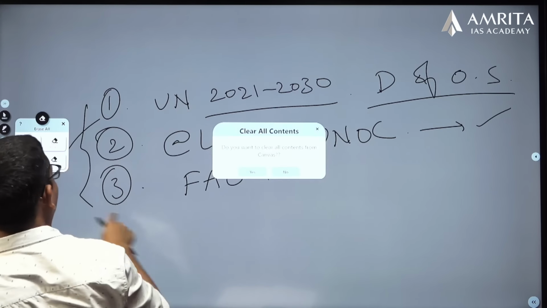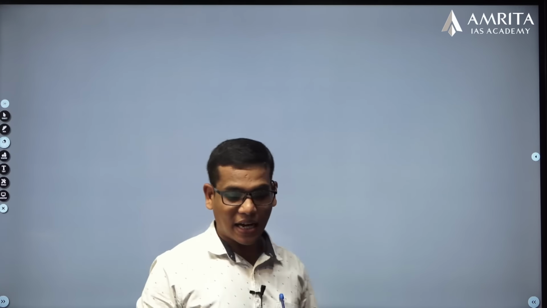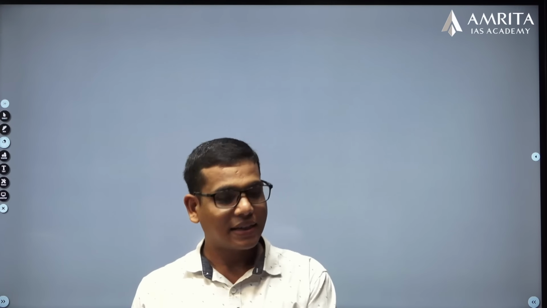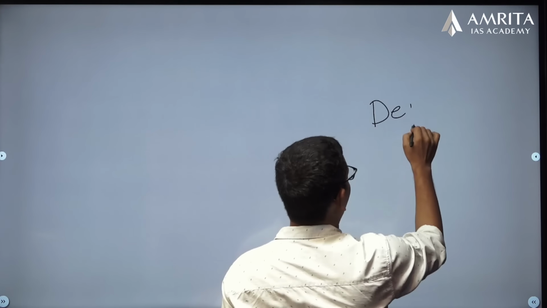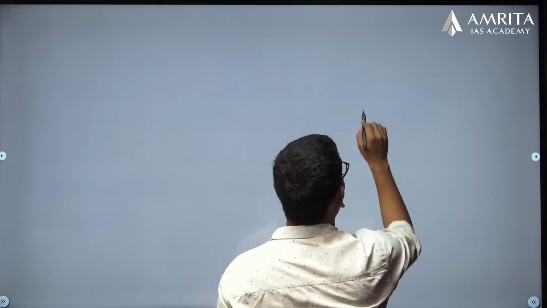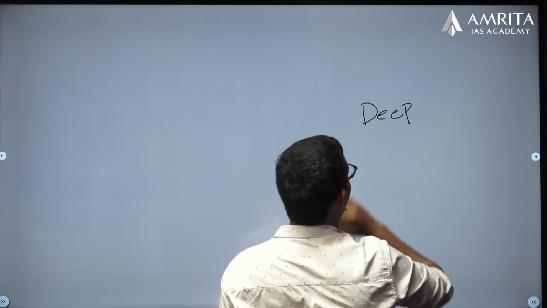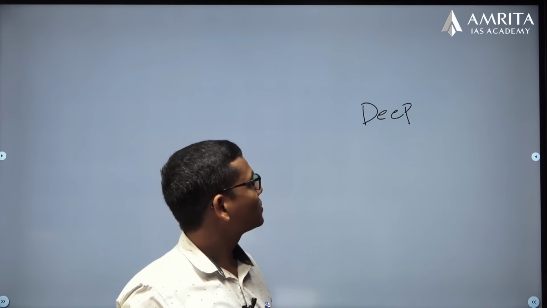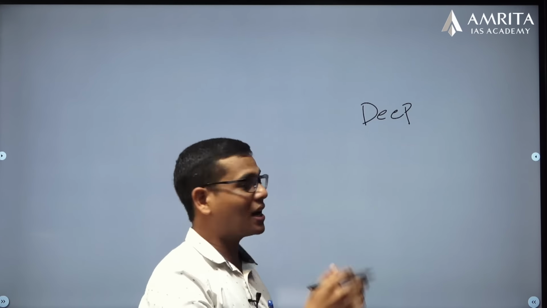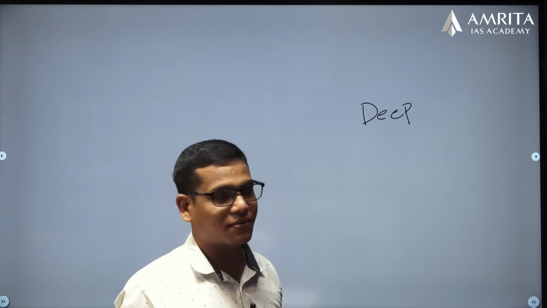And when it comes to India, India has also taken up some missions. The deep ocean mission, with respect to protecting ocean health and also to understand exactly the causes of ocean acidification or the challenges that the oceans are facing.